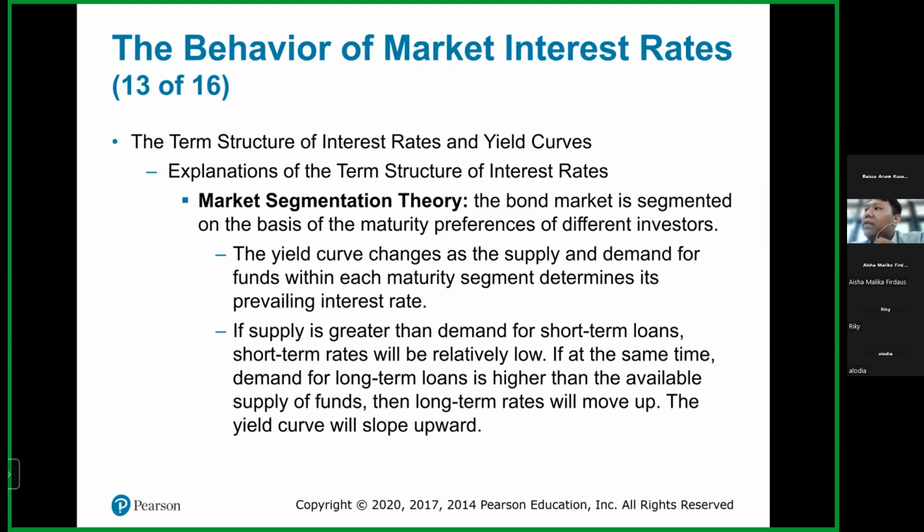So the yield curve changes as the supply and demand for funds within each maturity segment determine its prevailing interest rate. If supply is greater than demand for short-term loans, the short-term rates will be relatively low. If at the same time demand for long-term loans is higher than the available supply of funds, the long-term rates will move up, and the yield curve will slope upwards.